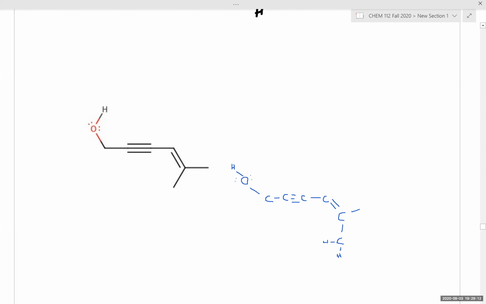You've drawn out the skeleton, filled in the explicit carbons, and now you're adding in the implied hydrogens necessary to complete the octet.